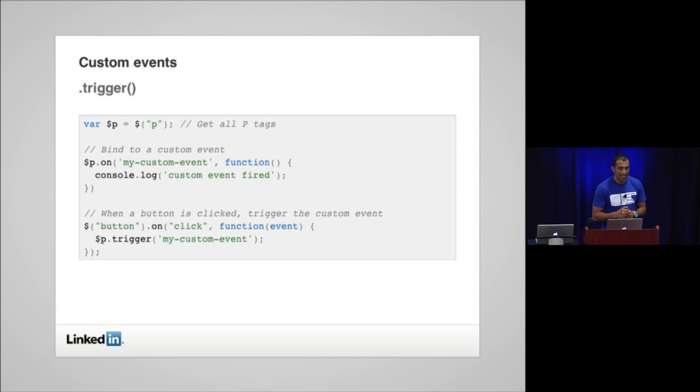Even if I have custom events, I can, for example, get all my p tags and create my own custom event called P. Whenever my custom event gets triggered, do this. In this case, I bind the click event onto the button, and then for all the paragraphs, trigger my custom event. So then this one here is going to trigger.